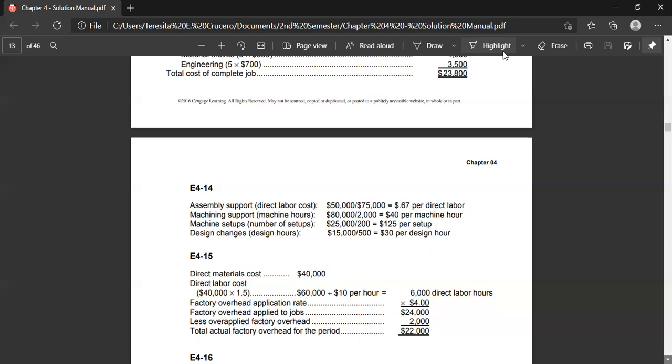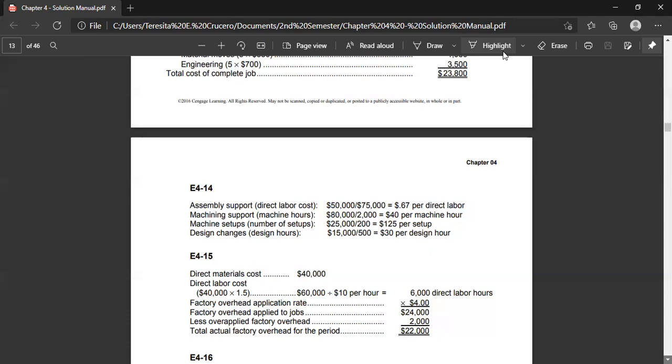If your direct labor hours is 6,000 and the factory overhead application rate is $4 per direct labor hour, factory overhead applied to jobs is 24,000. That's applied. Less the over applied factory overhead of 2,000.